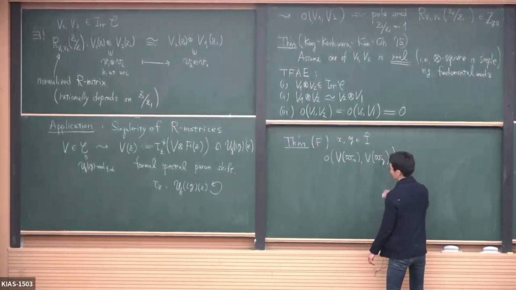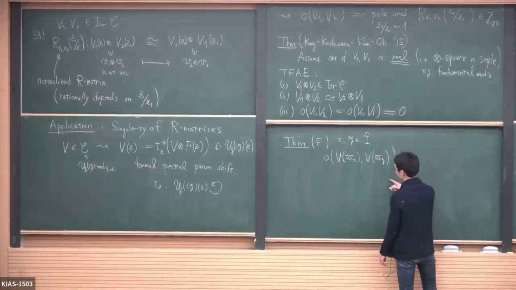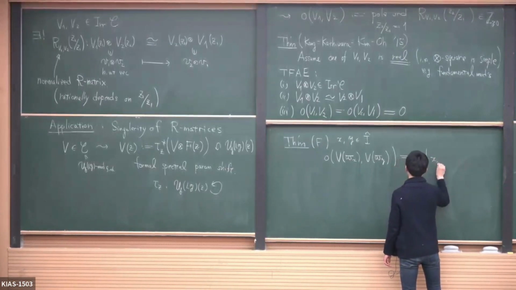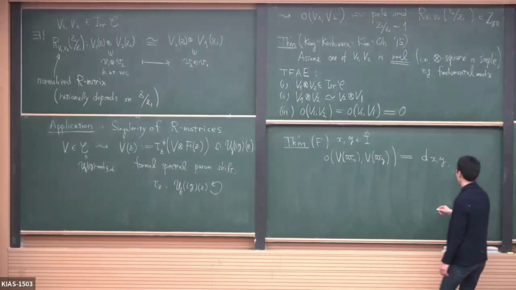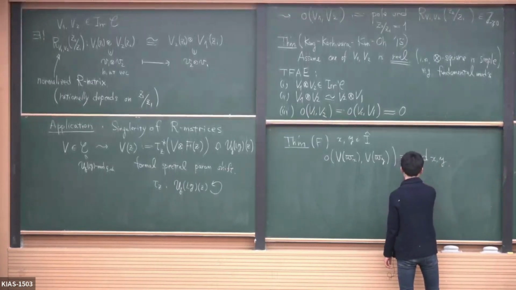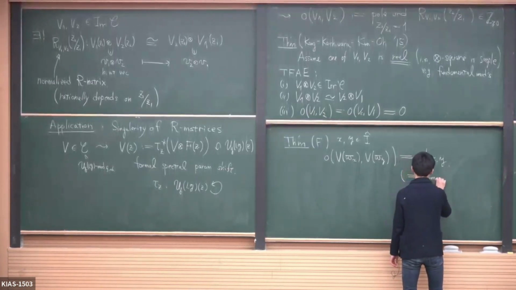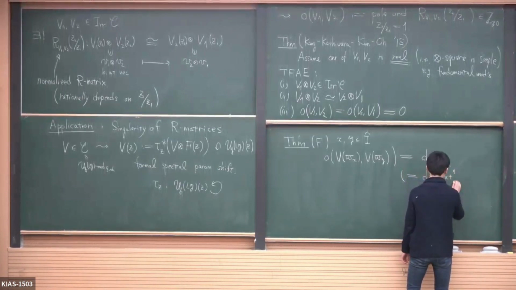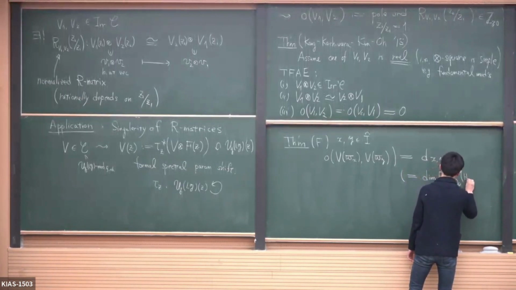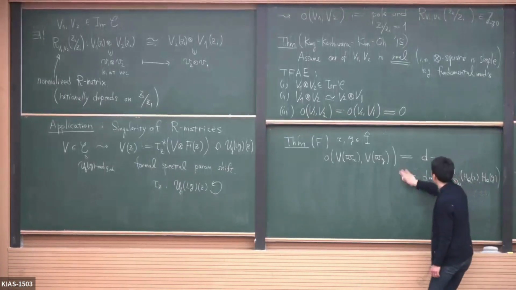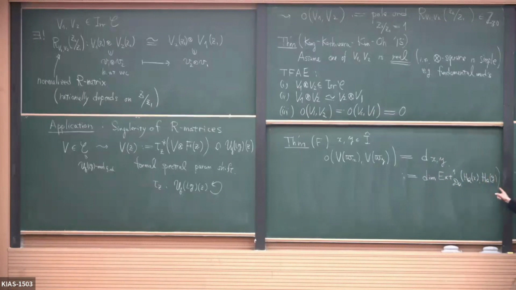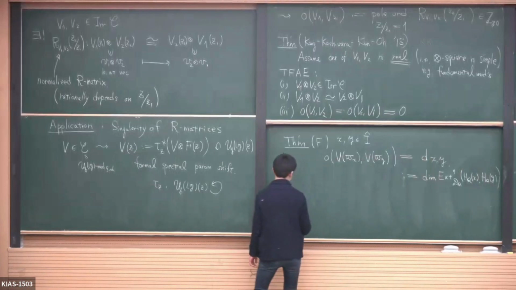And by using geometric techniques, we can prove that this number is actually equal to d_xy. So d_xy is, by definition, the dimension of Ext^1 in the derived category between the corresponding indecomposable objects.